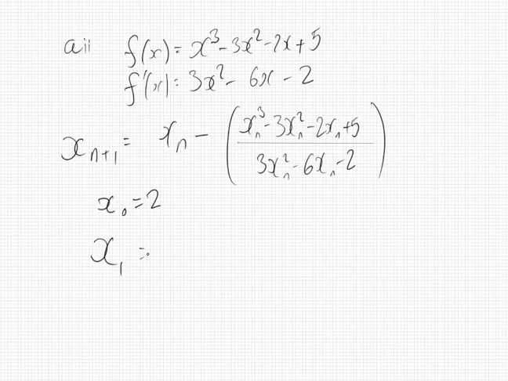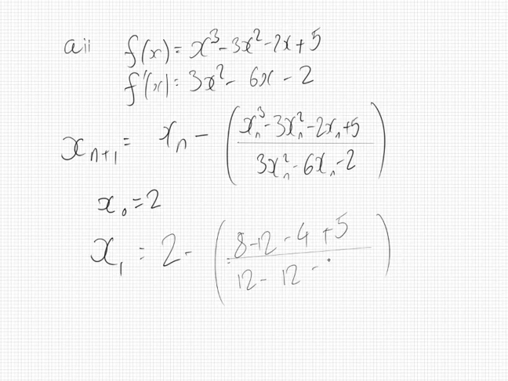So you'd get 2 minus, okay, let me try and do this here. 8 minus 12 minus 4 plus 5 over 12 minus 12 minus 2.